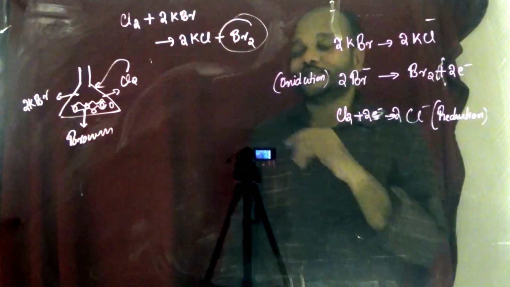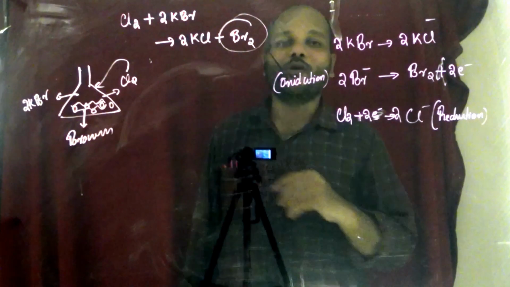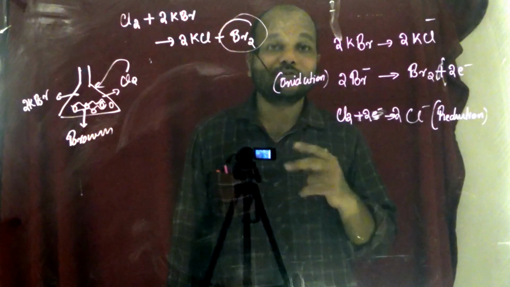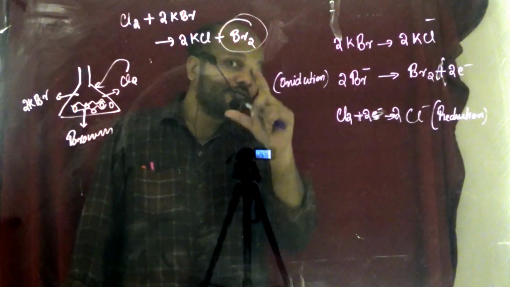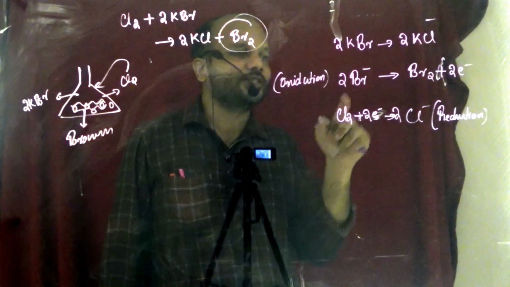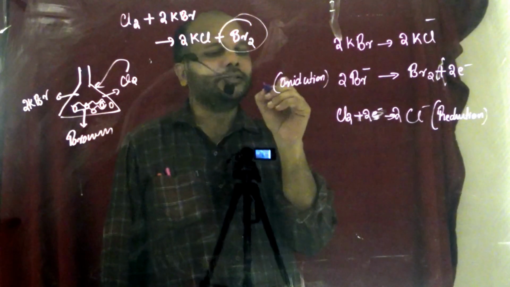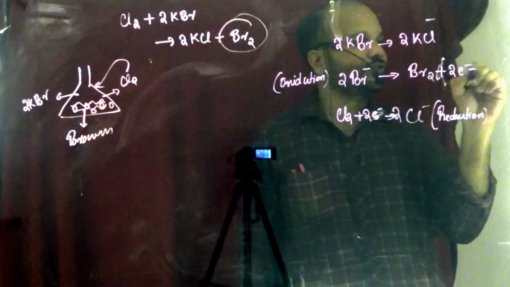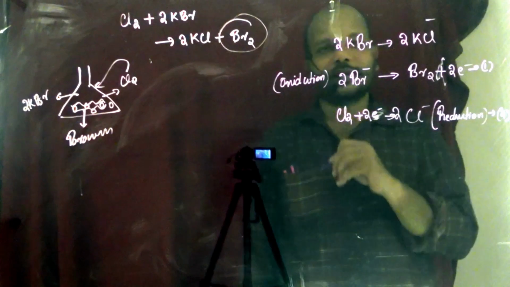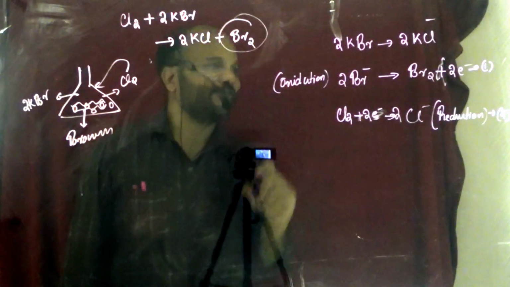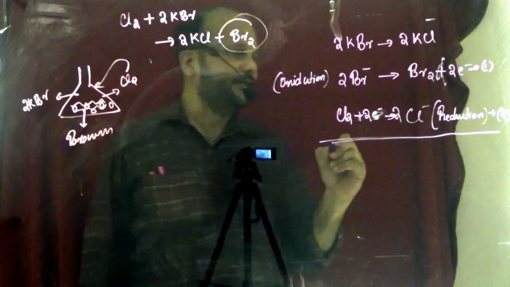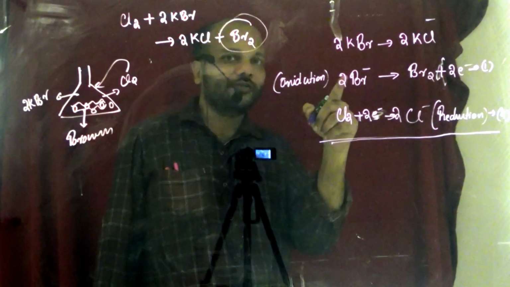Please remember one thing: when this reaction is proceeding, the color changes to reddish brown due to the liberation of bromine. Now, for getting the total overall redox reaction, we will combine the oxidation half-cell reaction and the reduction half-cell reaction.